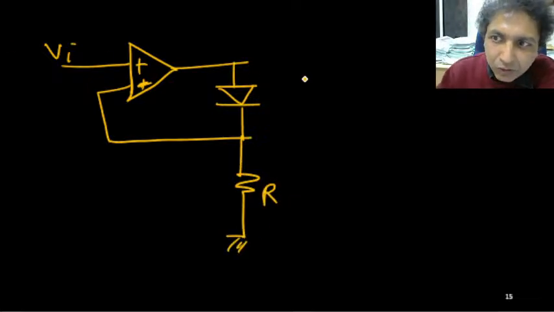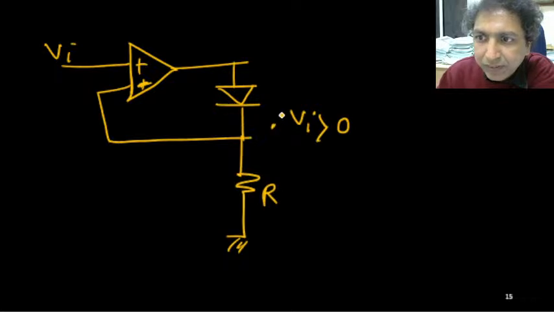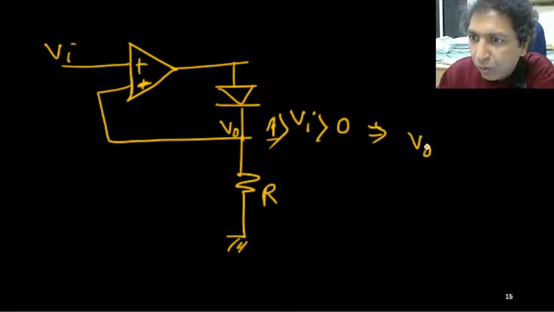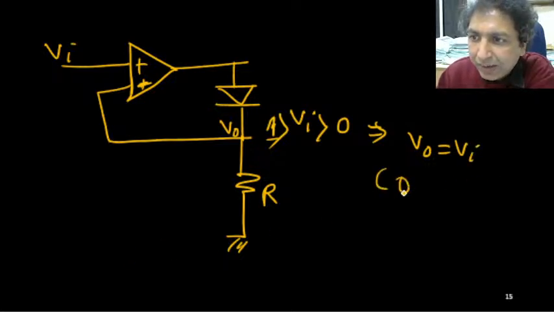So when Vi is positive, this is the first case, what is happening is the output voltage V naught will be the same as Vi, because D is on.